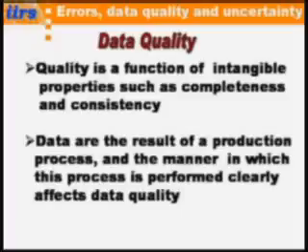Data are the result of the production process, and the manner in which this process is performed clearly affects the data quality. So that is what we are talking about with data quality. When you talk about data quality, there are many components.